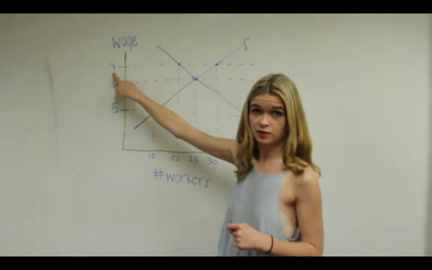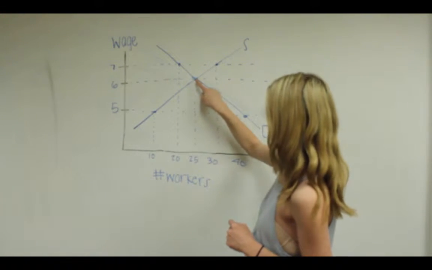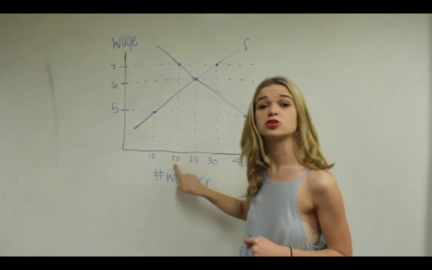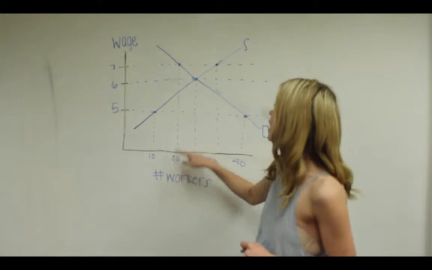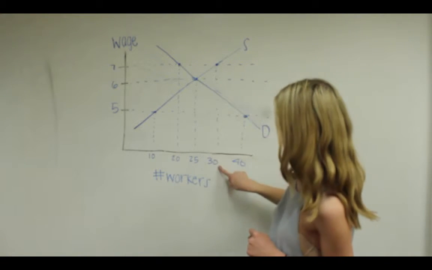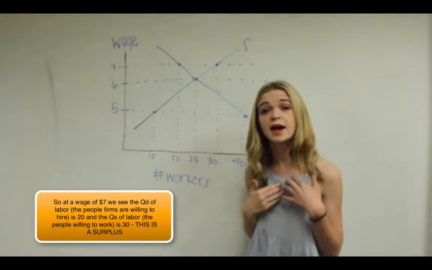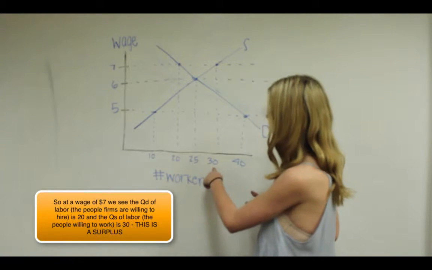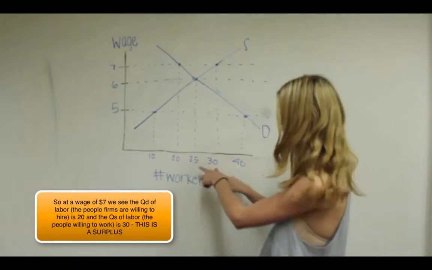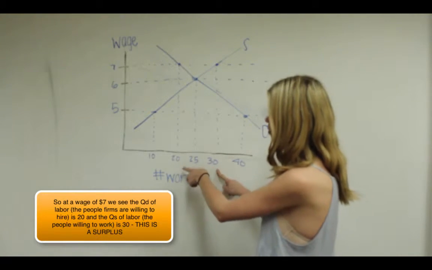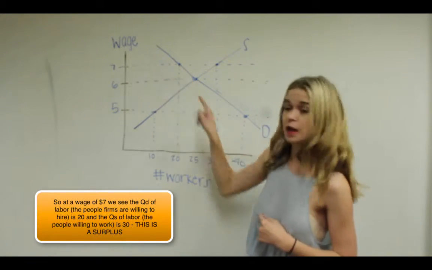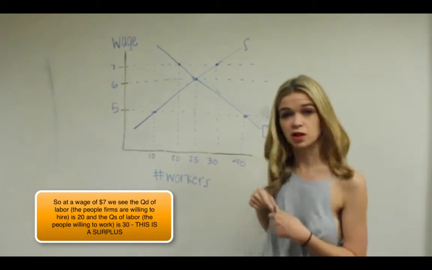Well, at a wage of $7, our quantity demanded moves from 25 to 20. So our companies are demanding 20 workers. And our labor supply increases to 30. This makes sense because as workers, we're more willing to work at a higher wage. So when we move to $7, all of a sudden our labor supply is at a higher quantity, while the companies want to hire less because they are having to pay more per laborer than they were at equilibrium.